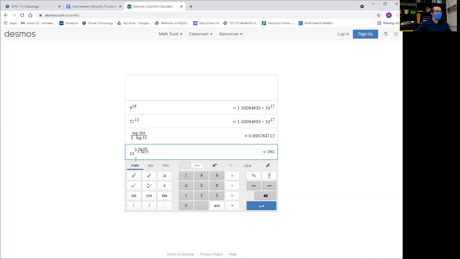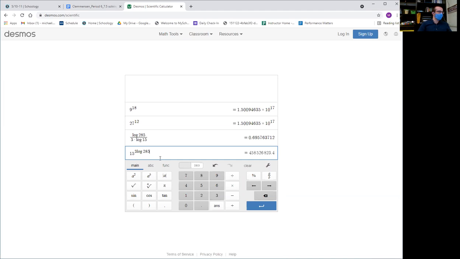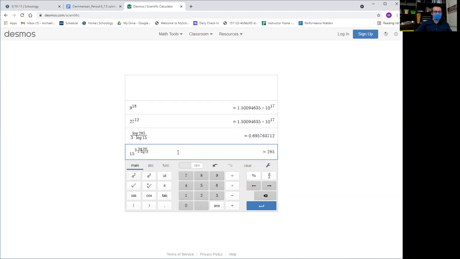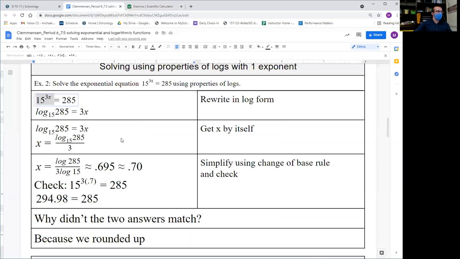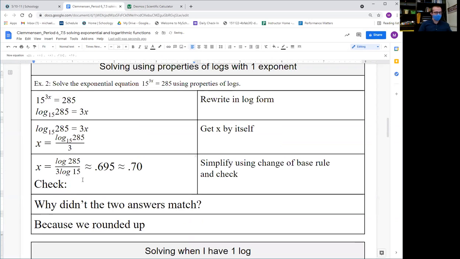So again, I had 15 to the 3x. I replaced that x with our original thing right here, what we found to be our answer. Right there. Nice and easy. Then what I do, come back over here. Instead of saying all this check right here, I would say more like check.